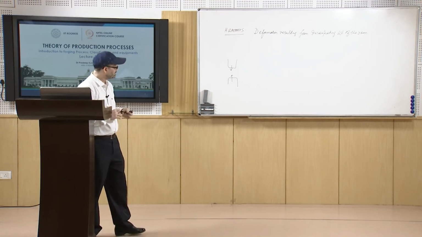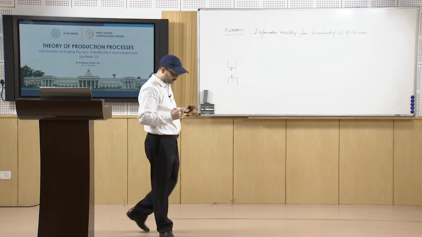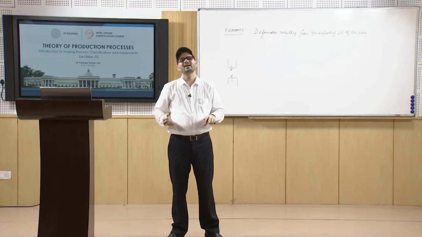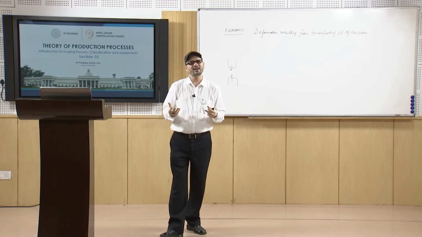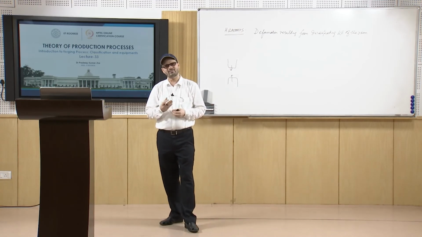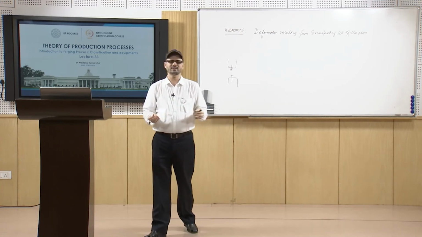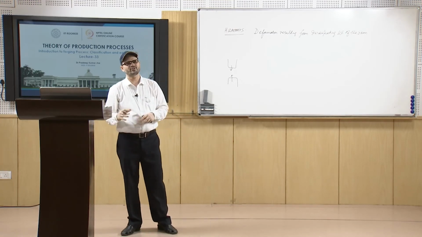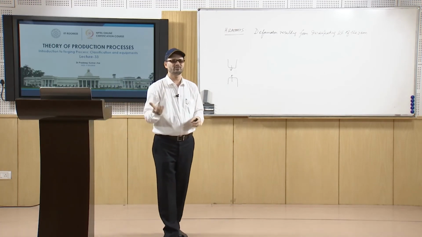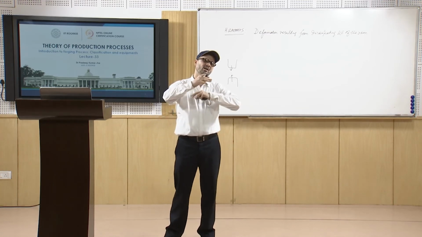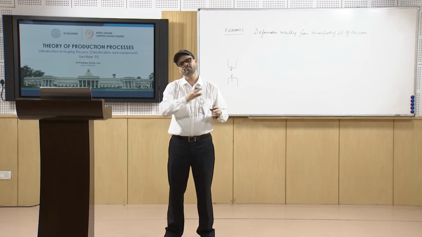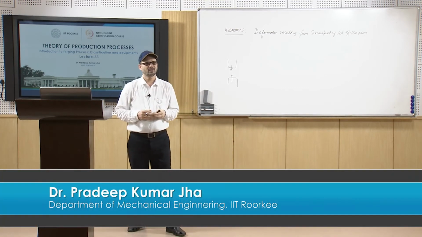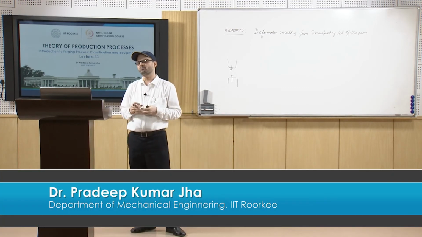Just like in casting, where the extra metal is scrap, similarly in forging, as flash is formed, flash is certainly wastage, so it needs to be trimmed. Trimming is another operation carried out in impression die forging. When you take the metal out, you need to trim the flash which is generated.